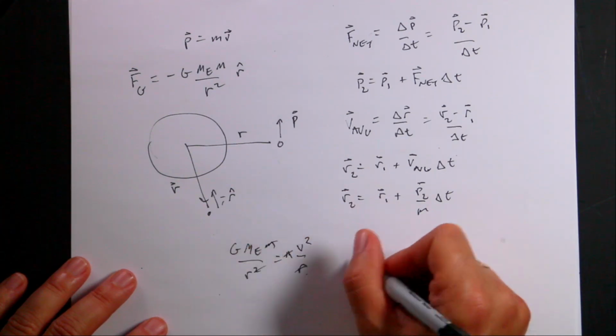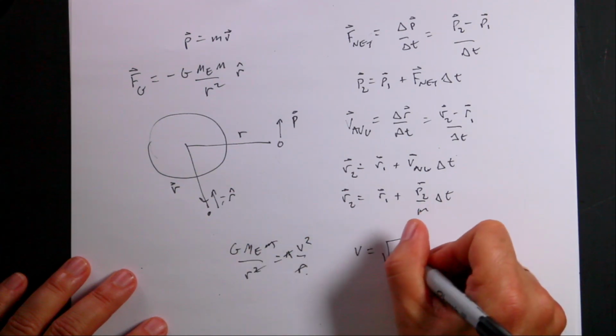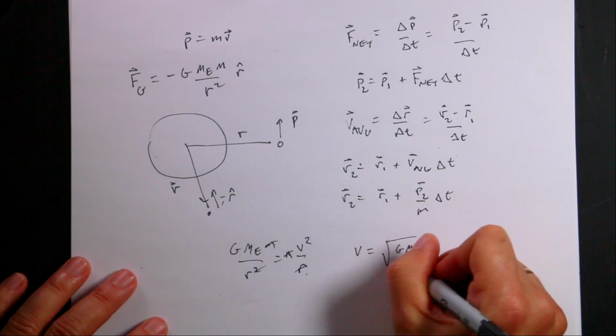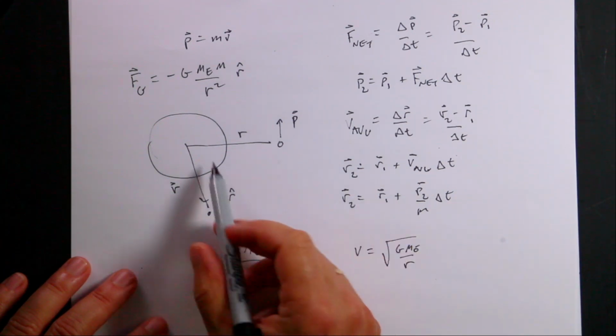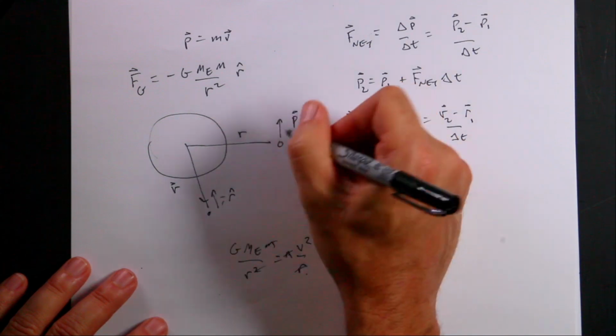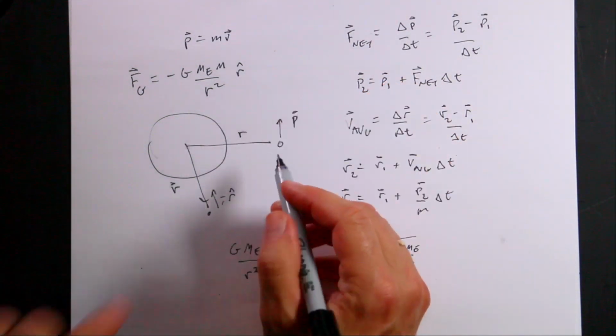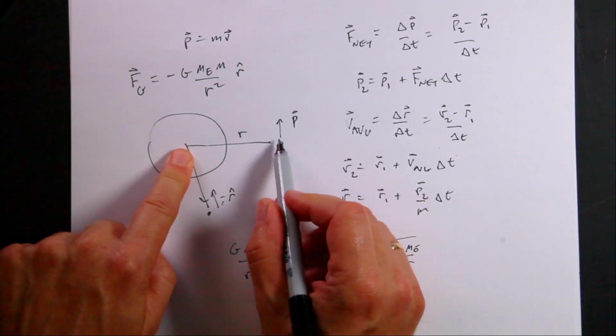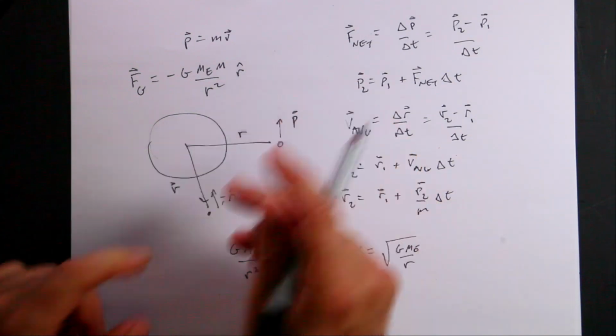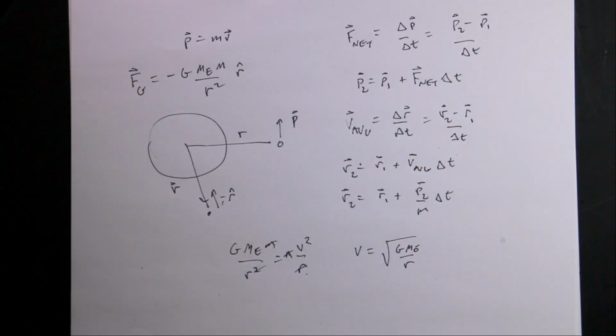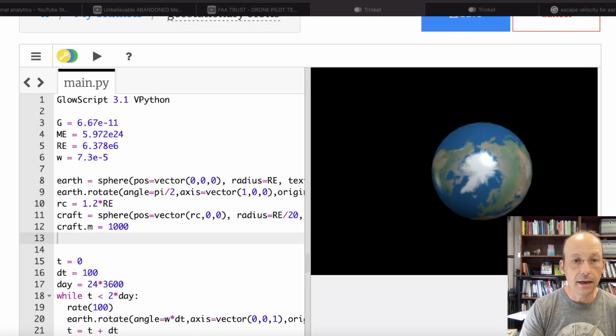That cancels. V equals the square root of G M_E over r, where r is the orbital radius. So when I start off, since I have this in the x direction, the initial velocity is going to be in the y direction. Okay, I know that was quick. Crash course in numerical calculations, but now we can get started.